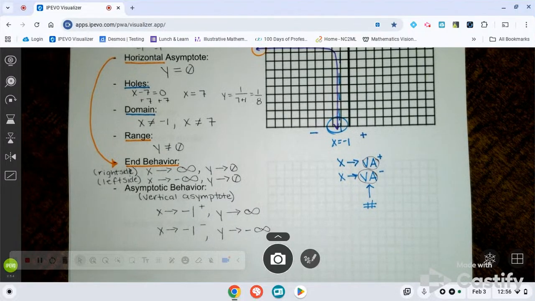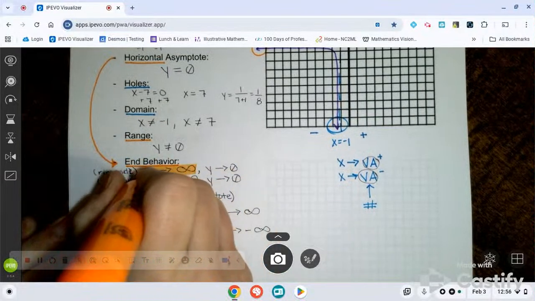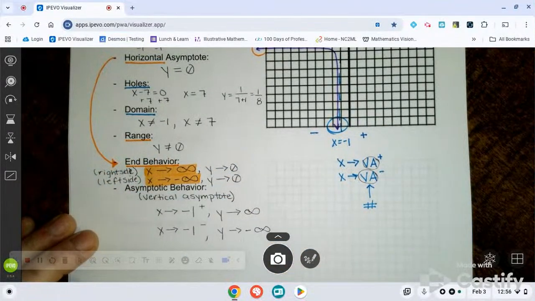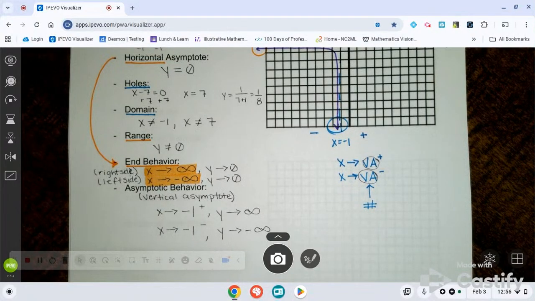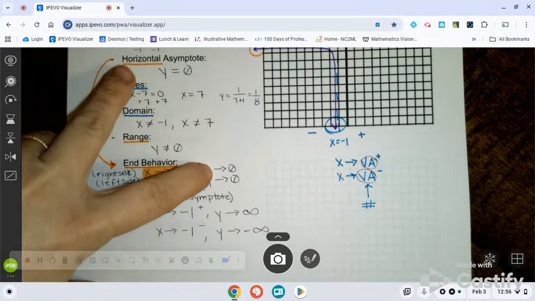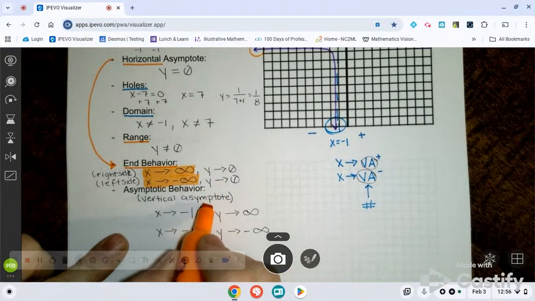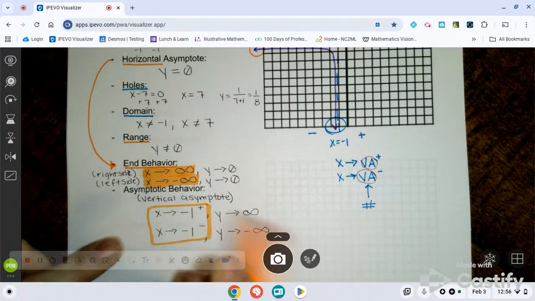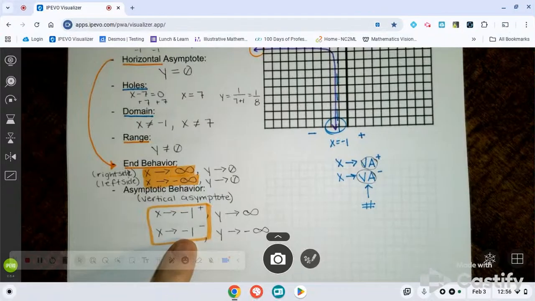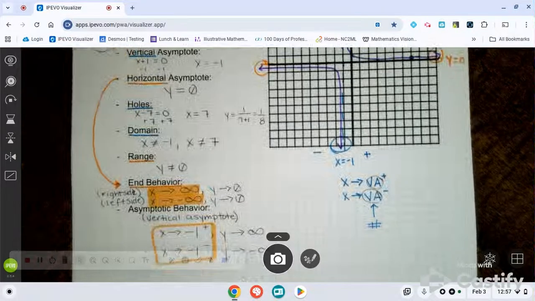So the pieces that are going to stay the same in terms of behavior, these two pieces are going to look the same. It's always going to be x approaching infinity and x approaching negative infinity. And your job is to match that up with the horizontal asymptote. And then these pieces are going to stay the same, but the number inside of here is going to change based on the vertical asymptote.